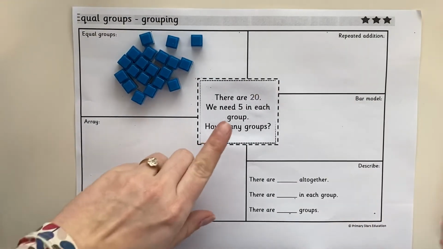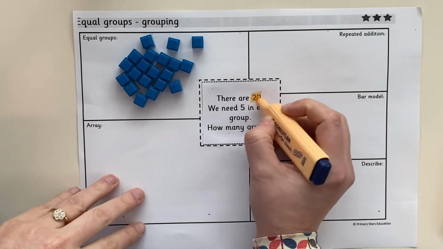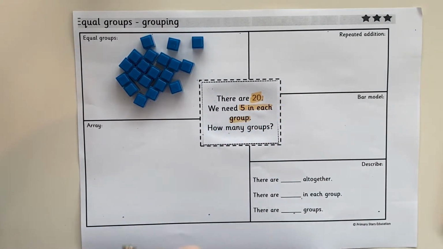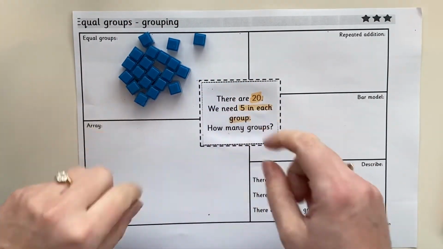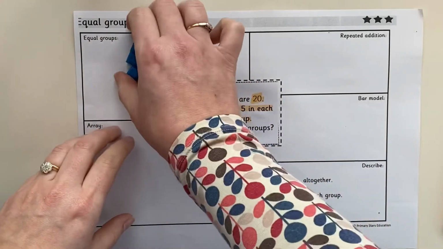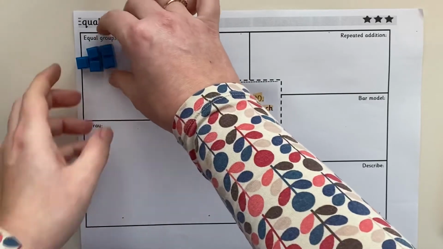For this example, I've got my task card stuck in. There are 20 and we need 5 in each group. How many groups? Okay, I have counted out my 20 counters here. We're going to put them in equal groups. Now we need 5 in each group. So let's do that. 1, 2, 3, 4, 5.